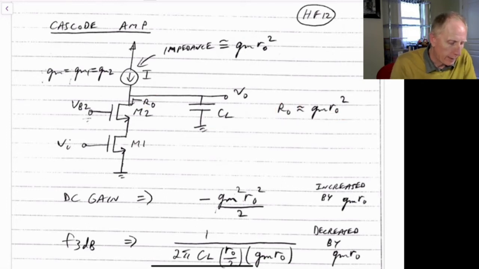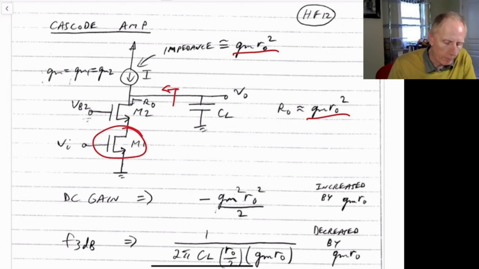So the DC gain is going to be minus gm of the M1 transistor times the impedance that we see at this node, which will be gm R naught squared in parallel with gm R naught squared.